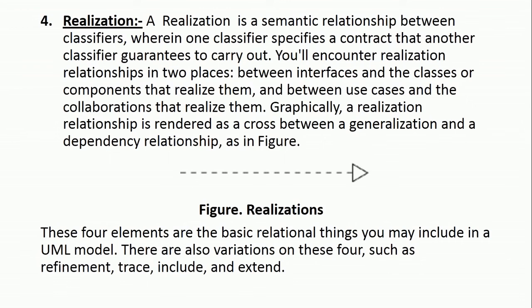Now the next is realization. What is realization? A realization is a semantic relationship between classifiers wherein one classifier specifies a contract that another classifier guarantees to carry out. You will encounter realization relationships in two places: between interfaces and the classes or components that realize them, and between use cases and the collaborations that realize them.